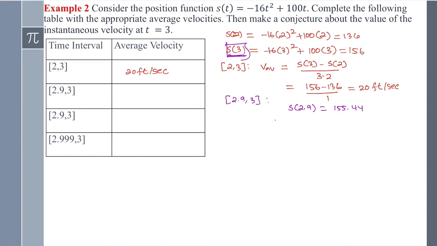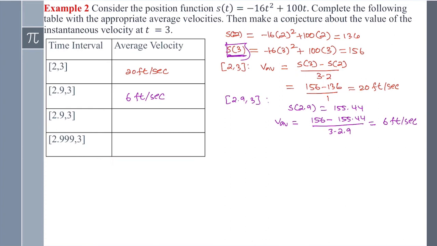The average velocity on that interval is s of 3, which is 156, minus s of 2.9, which is 155.44, divided by 3 minus 2.9. If you simplify this and put it into the calculator, you'll get 6 feet per second.